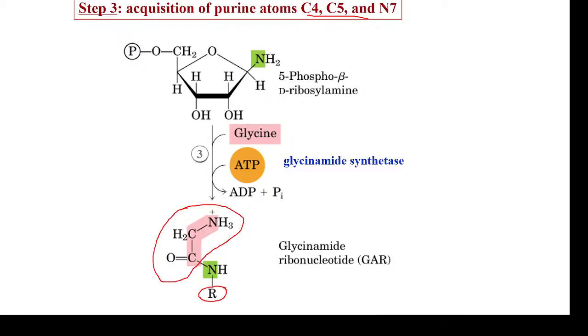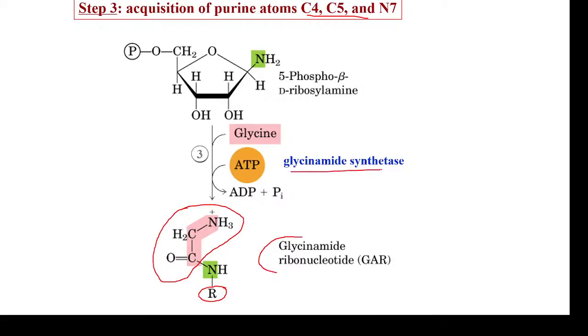In the further steps, we are going to depict ribose 5-phosphate as R to make space to write the biosynthesis of purine elements. So this 5-phospho beta-D-ribosylamine is converted to glycinamide ribonucleotide.